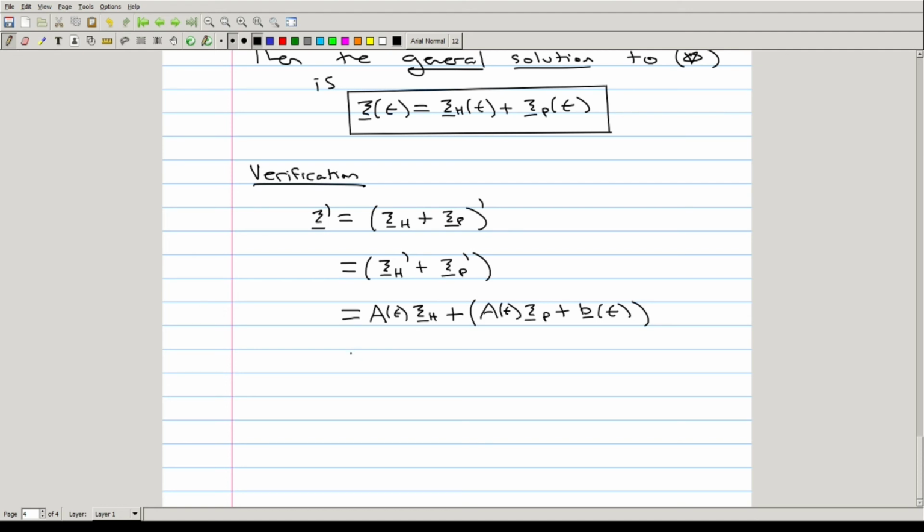So using a little bit of linear algebra, that matrix multiplication is distributive, we can rewrite this entire thing as A of t times xi h plus xi p plus b of t, and because we define xi, the general solution to star, as this right here, we have that this is A of t times xi plus b of t.